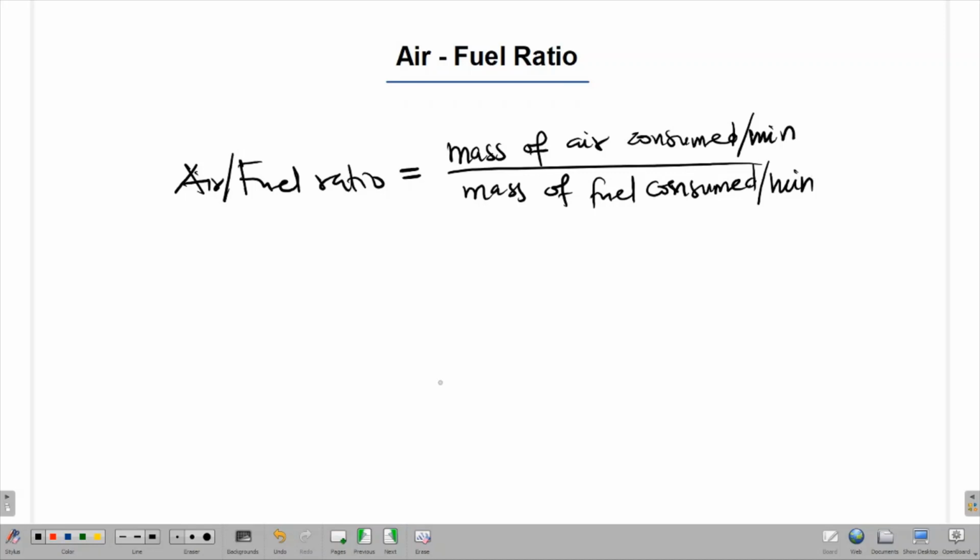Now, for most petrols, the air-fuel ratio for the chemically correct mixture, or what we normally refer to as the stoichiometric ratio, is approximately 15 to 1.